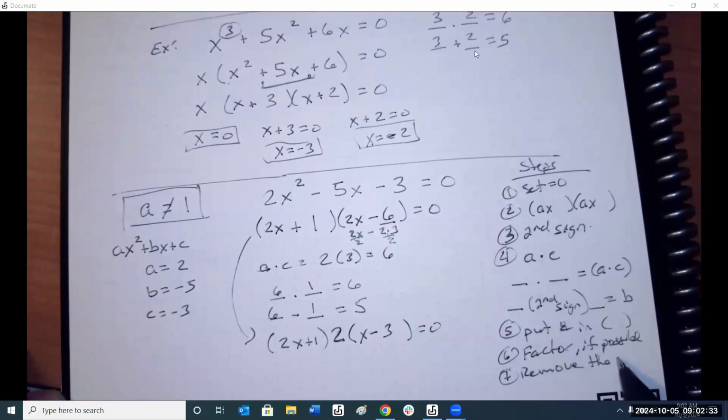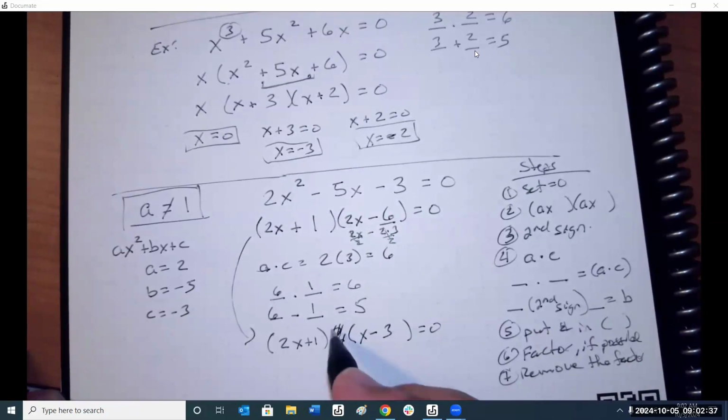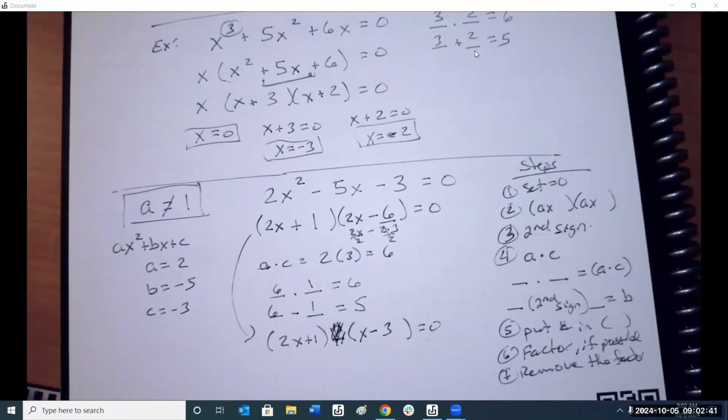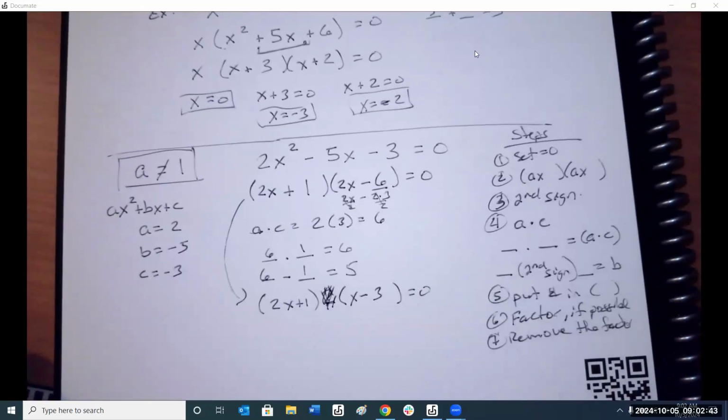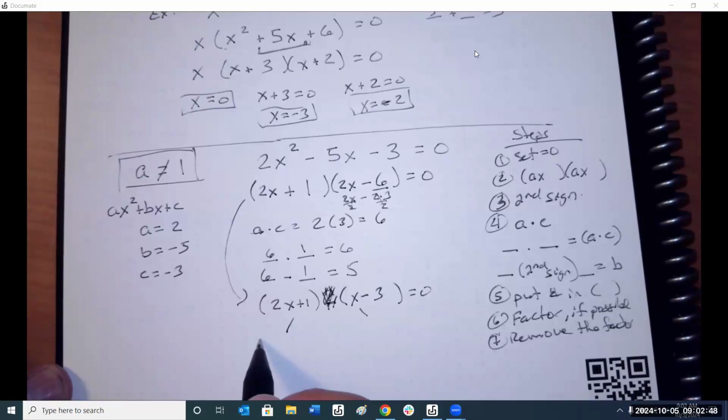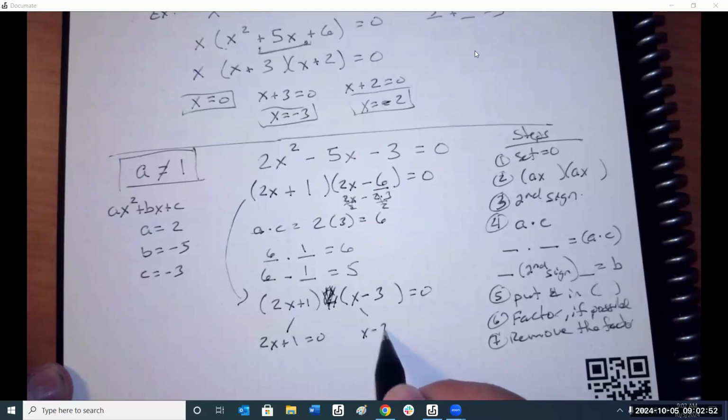Remove that factor. So to erase that one, these are your answers. I'm not the answers, but you'll get to the answer. So I set both of these equal to 0, and I solve.